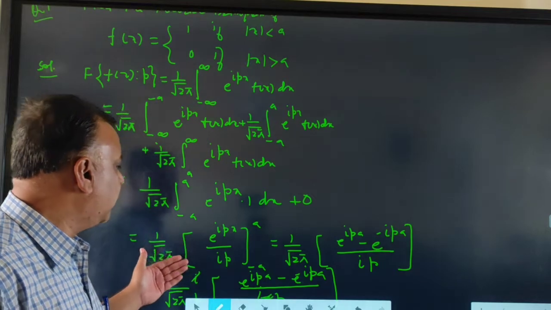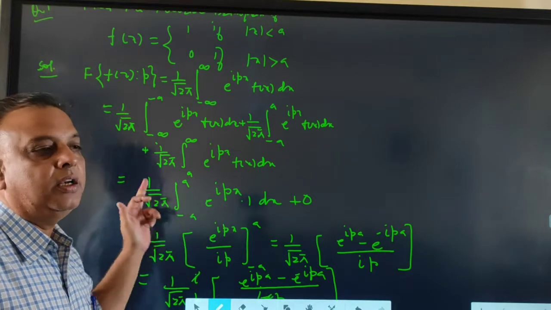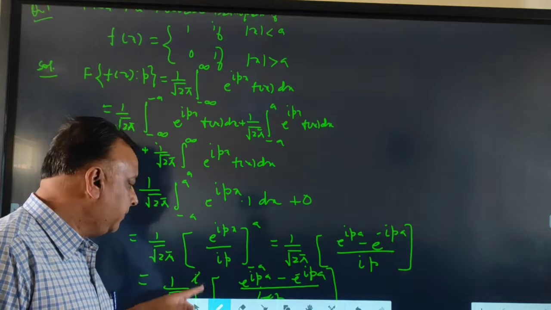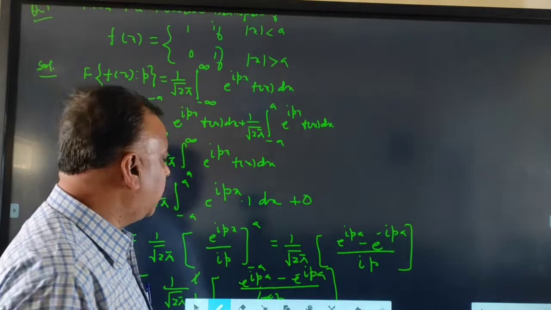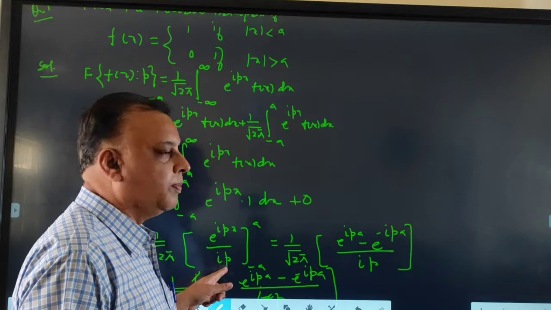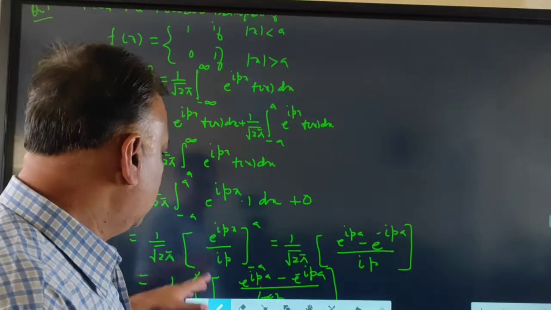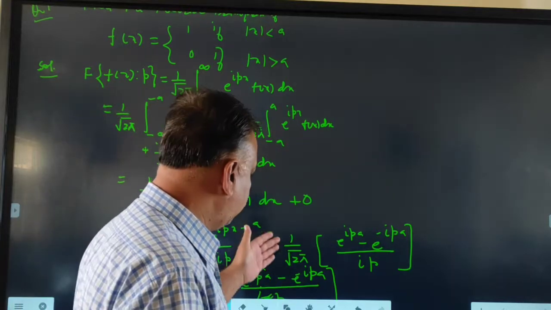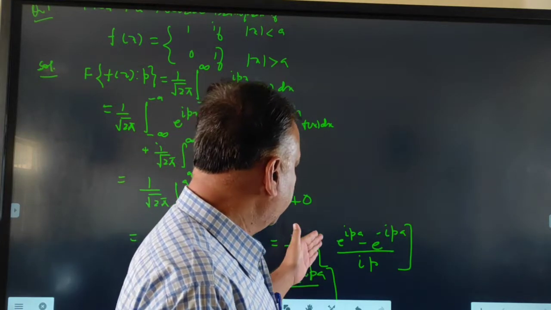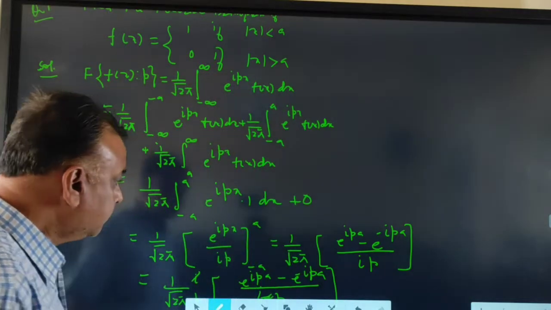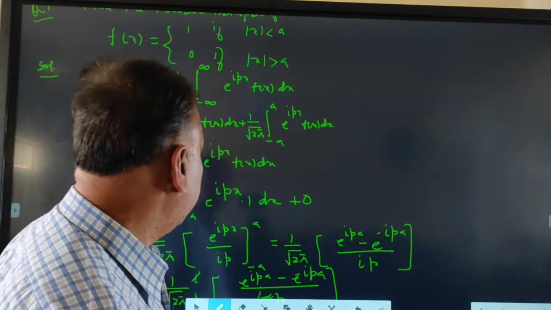So if we integrate e raised to iota px within the interval minus a to a, we get 1 upon root 2 pi. The integration of e raised to iota px is e raised to iota px upon iota p. The limits are from minus a to a. So by solving this, we get 1 upon root 2 pi into e raised to iota pa minus e raised to minus iota pa upon iota p.